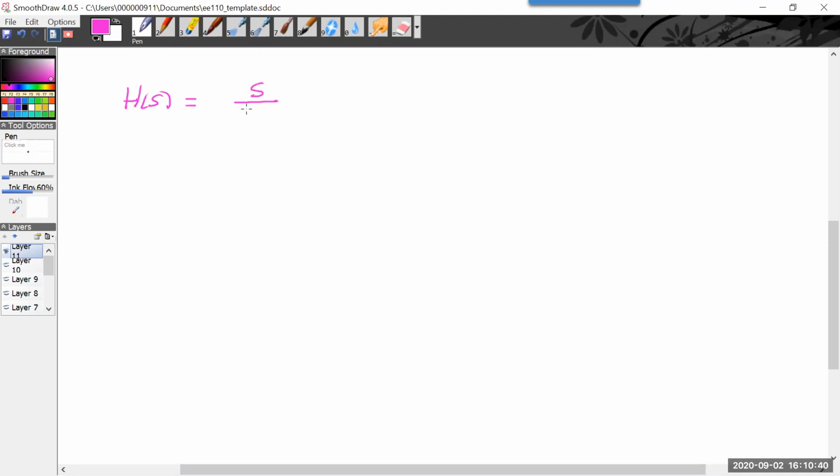So we had s plus 1 over RC. We want the step function, so V out step. Well, multiply by the step in the s plane.